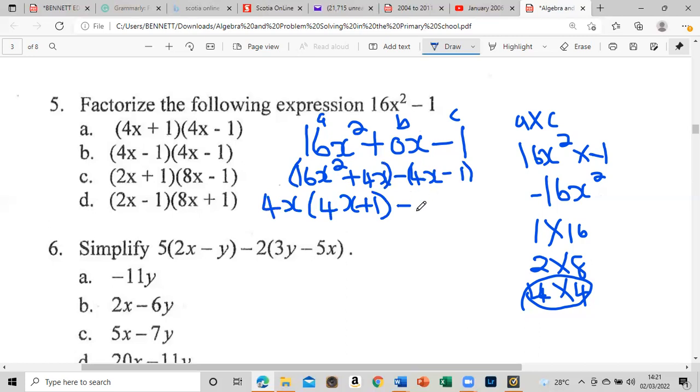That will be 1. Negative 1 into that will give positive 4x, and negative by negative 1. And then now we have 4x plus 1 and 4x minus 1. That would be our solution.